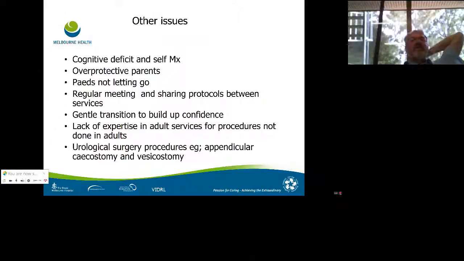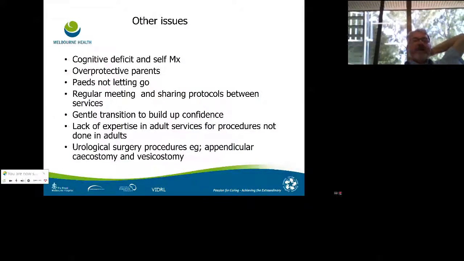Pediatrics not letting go used to be an issue. It certainly hasn't been an issue from my perspective, especially with the close liaison. Regular meeting and sharing protocols between services and to build up a transition.